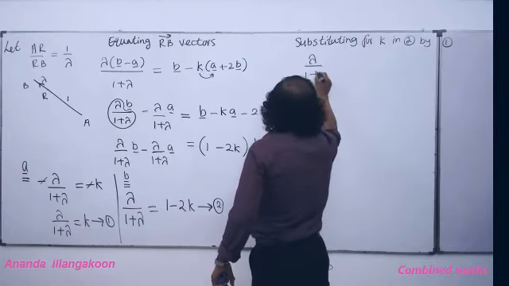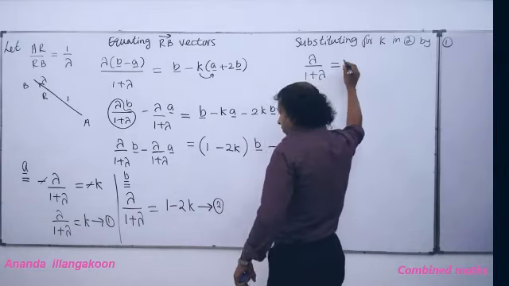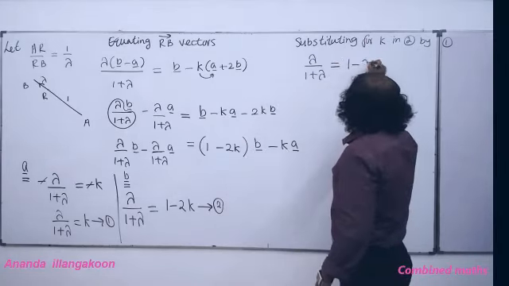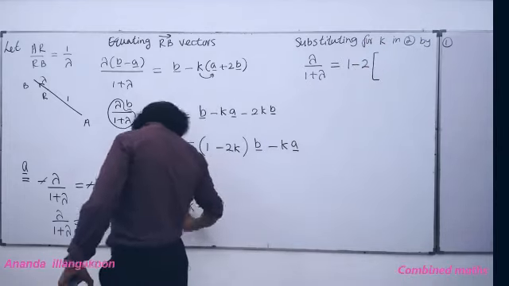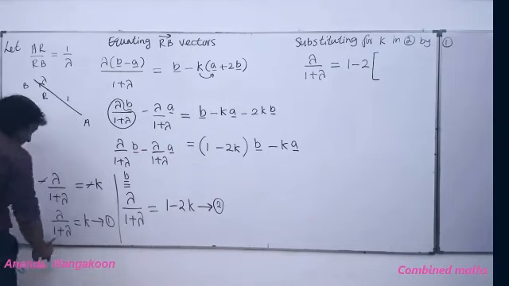Lambda upon 1 plus lambda is equal to 1 minus 2 times, people, what is this k? Lambda upon 1 plus lambda.